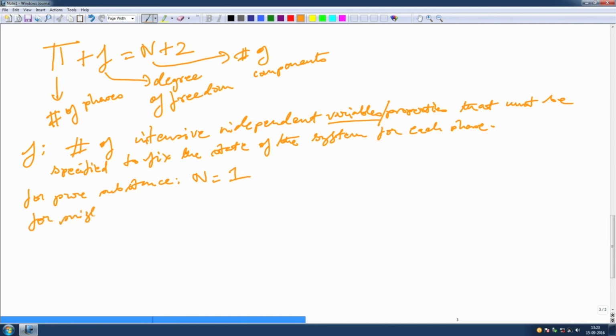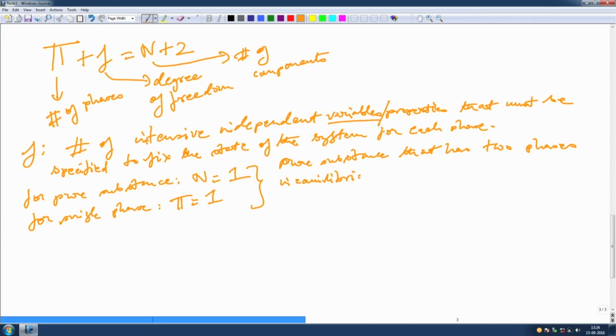For single phase, this is equal to 1 because the number of phases is equal. Okay. Now, let us take an example of a pure substance that has two phases in equilibrium.